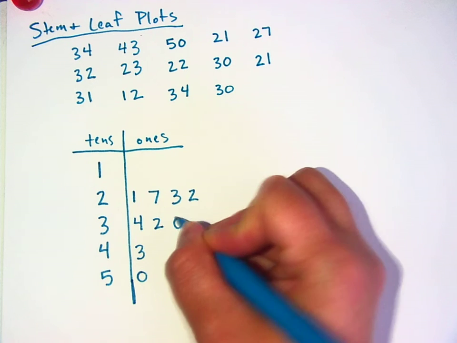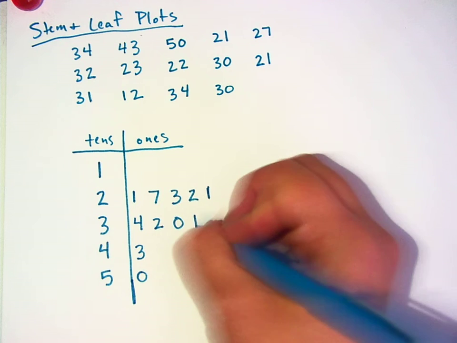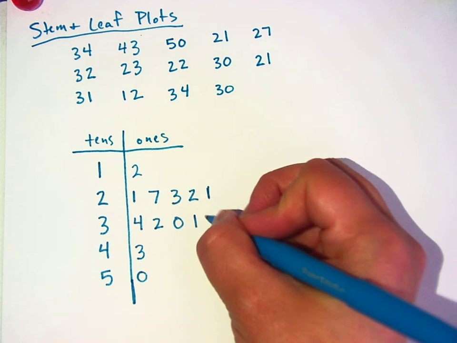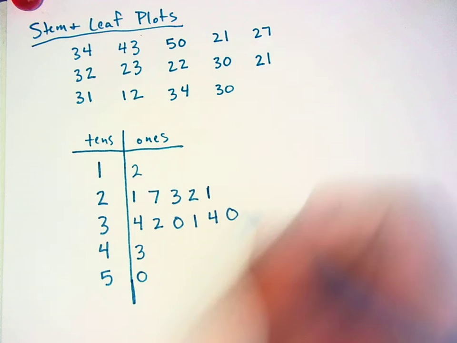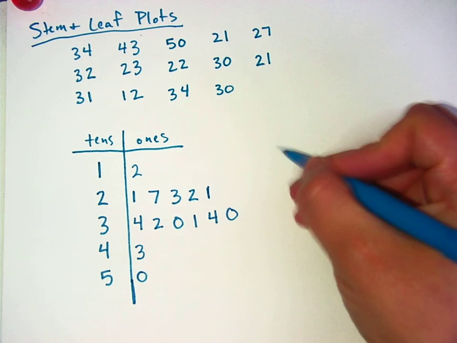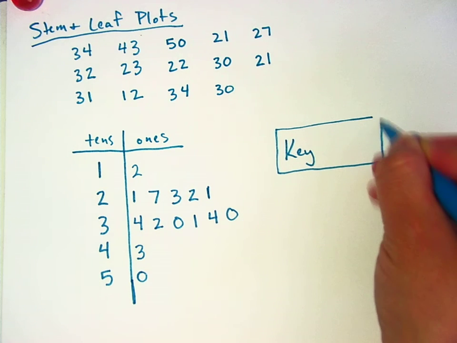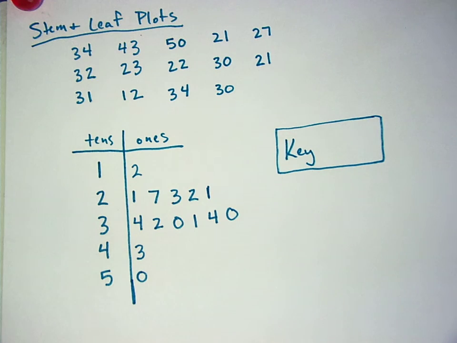If it's a repeat, still write it. If you count up your data points, you should have 14 of them. Yours look about the same as mine?